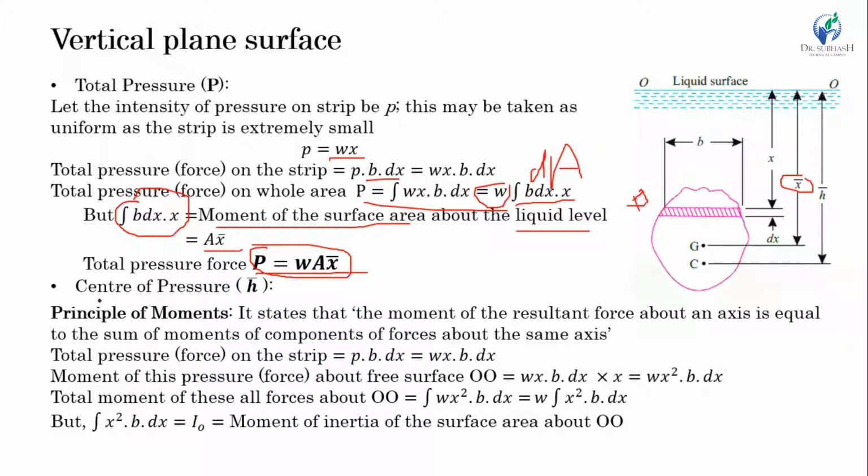Now we are interested in calculating the center of pressure, or the point of application of this pressure force P. For that, we first have to consider the principle of moments, which states that the moment of the resultant force about any axis is equal to the sum of the moments of the components of that force about the same axis.